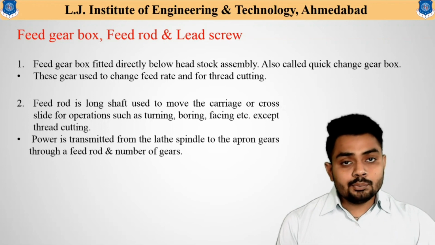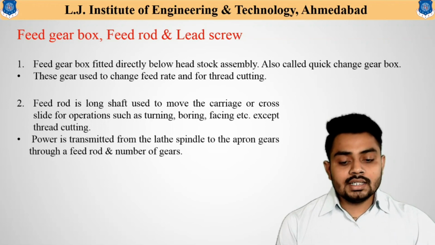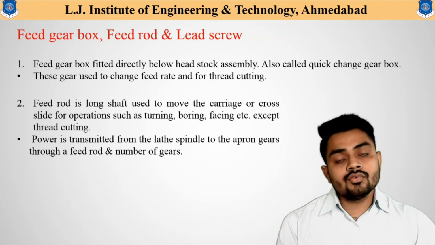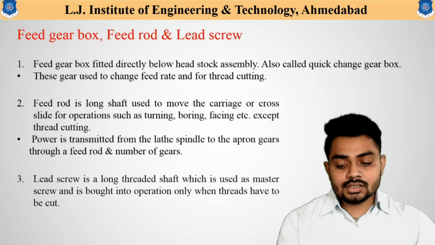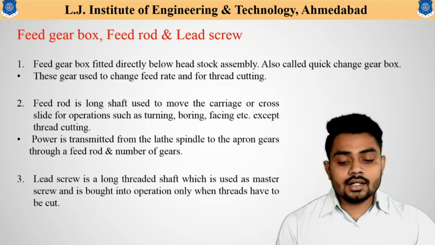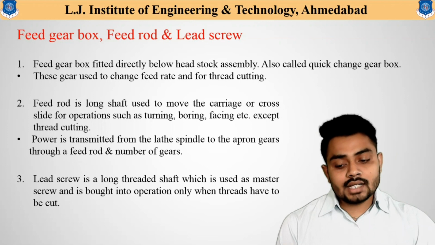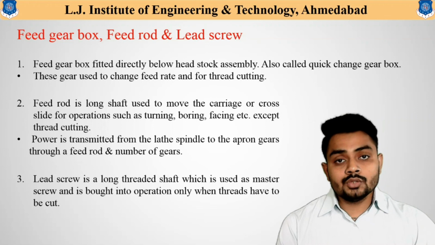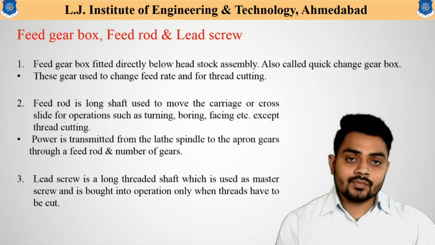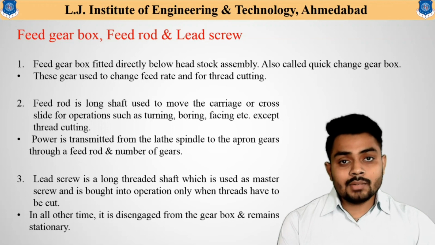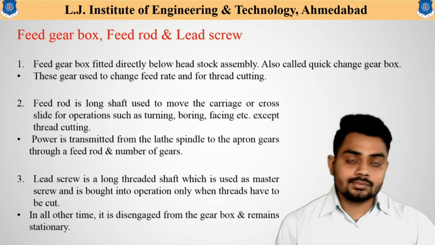And here the power is transmitted from the lathe spindle to the apron gears through a feed rod and a number of gears. Now the next one is the lead screw. This lead screw is a threaded rod, used as a master screw, and it is only helpful during the thread cutting operation. Other than thread cutting, this lead screw remains in the disengaged condition.